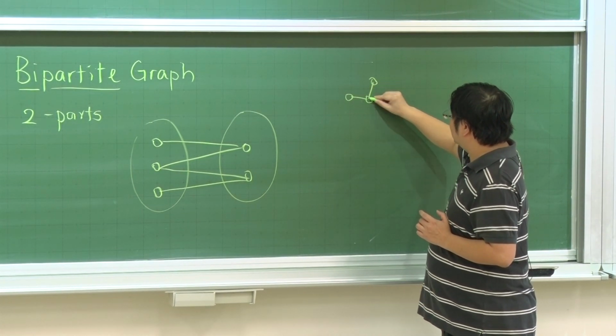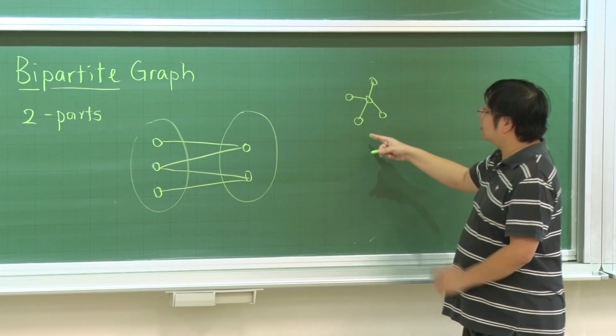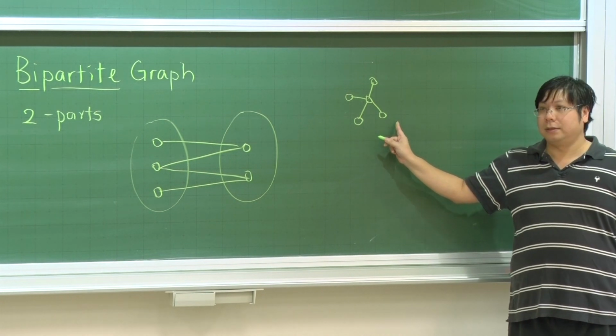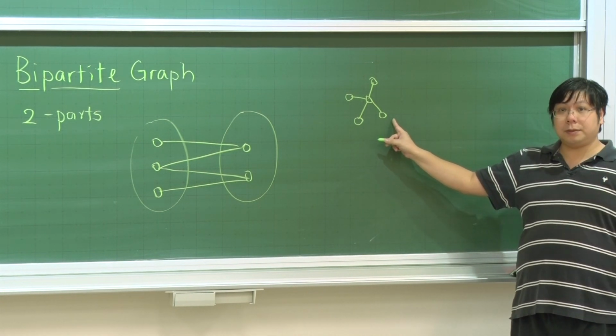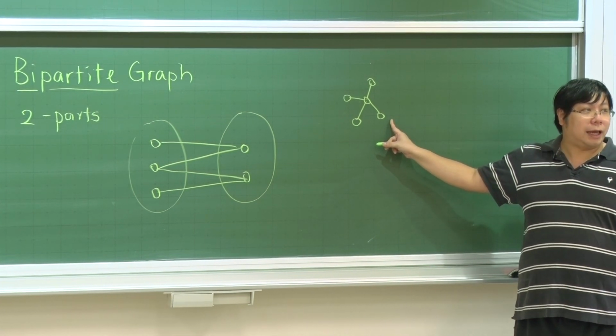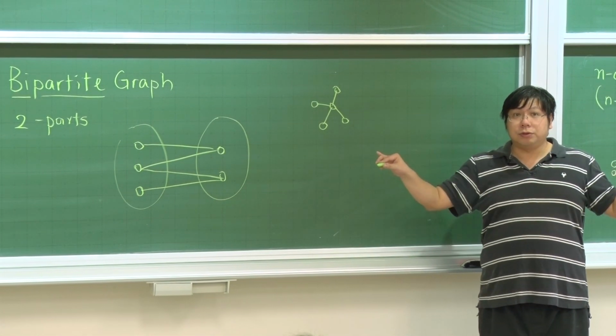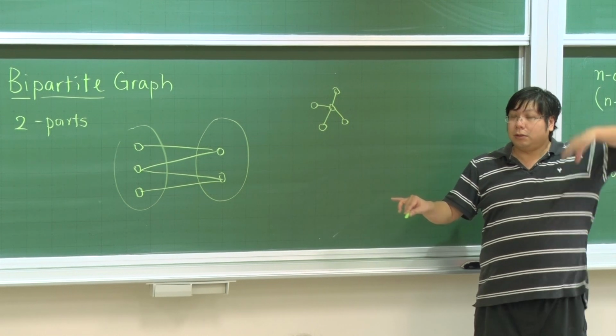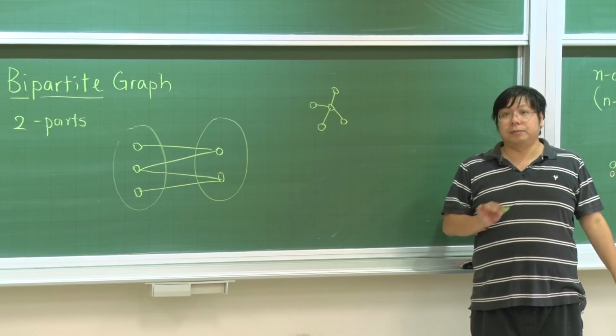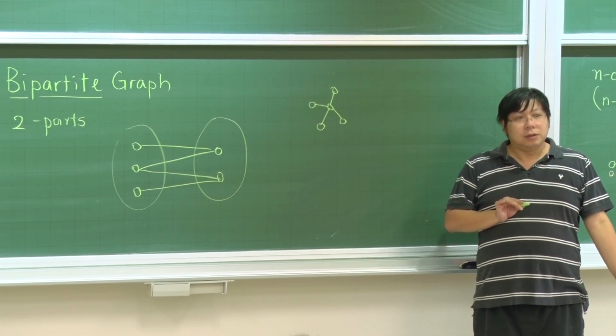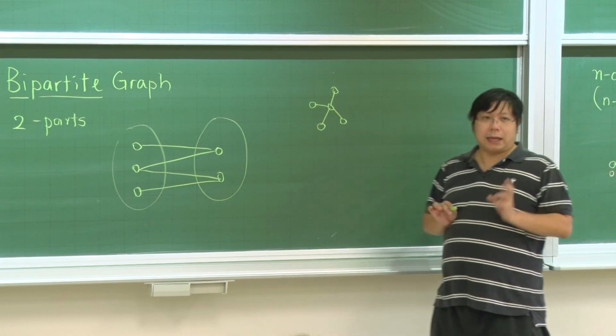Is it a bipartite graph? Is this one a bipartite graph? Definition again: a bipartite graph is one where we can divide the vertices into two groups such that there are no edges within the same group. You can imagine what is happening.